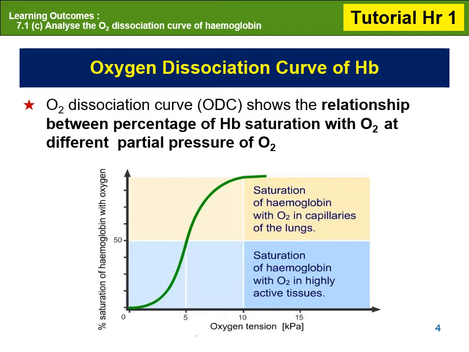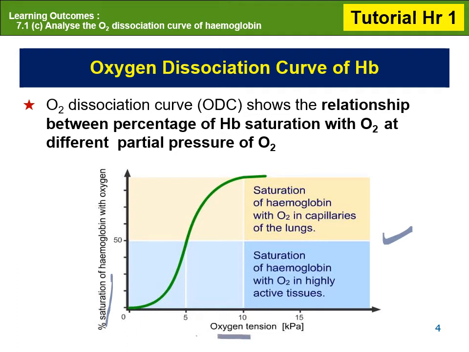The oxygen dissociation curve or ODC for hemoglobin. So ini adalah the ODC. The curve here adalah ODC of hemoglobin. Shows the percentage saturation of hemoglobin with the oxygen at various partial pressure of oxygen.